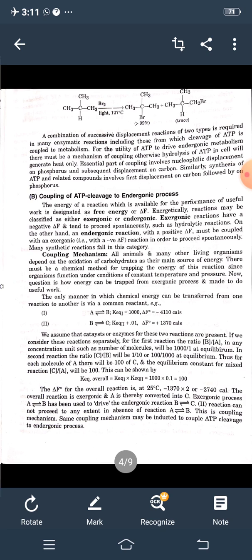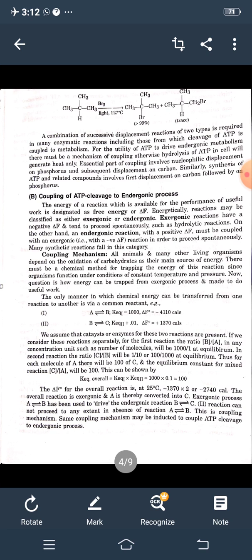Now, coupling ATP cleavage to endergonic process. The energy of reaction which is available for the performance of useful work is designated as free energy, or delta F. Energetically, a reaction may be classified either as exergonic or endergonic. Exergonic reactions have a negative delta F and tend to proceed spontaneously, such as hydrolytic reactions.